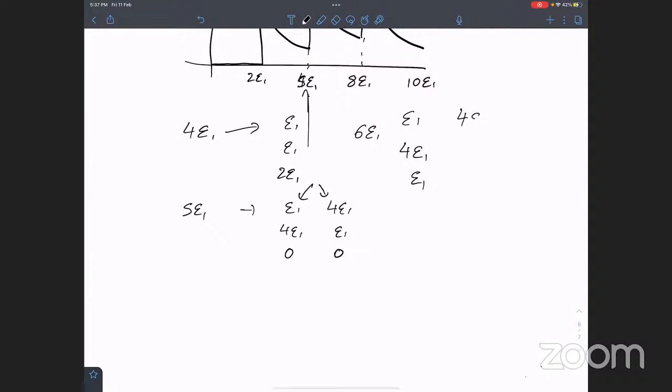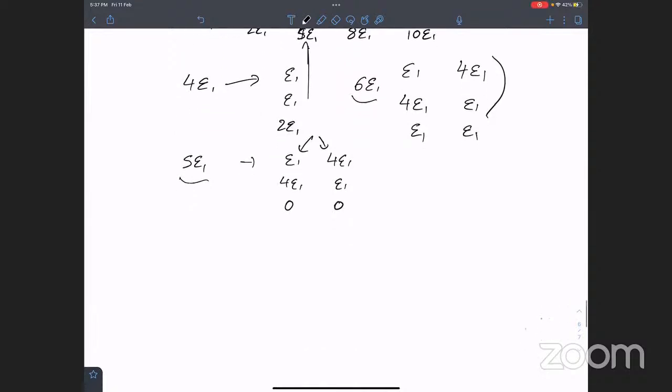I can split it as 4E1, E1, E1. I cannot give anything else to X and Y, because they can only take values E1, 4E1, 9E1, and so on. So from 5E1 I have two-fold, and 6E1 also two-fold degeneracy.